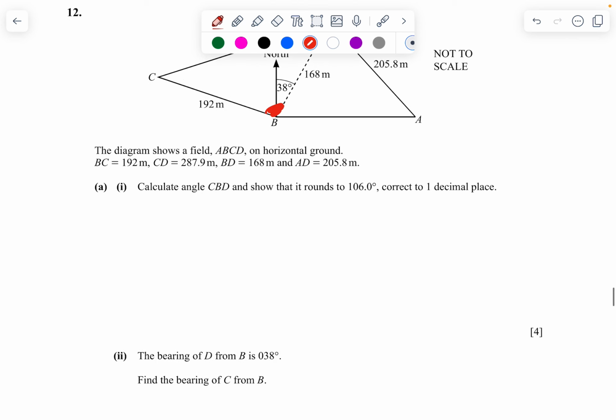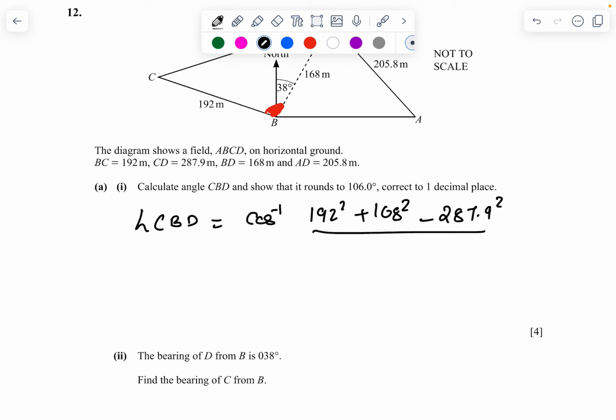So I'm using the cosine rule. Angle CBD equals cos inverse of 192 squared plus 168 squared minus 287.9 squared, divided by 2 times 192 times 168. You should get 106.01, which is 106.0 degrees.